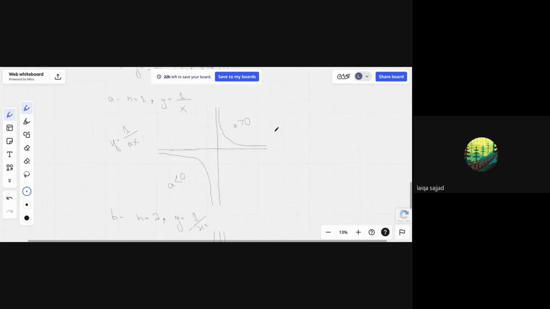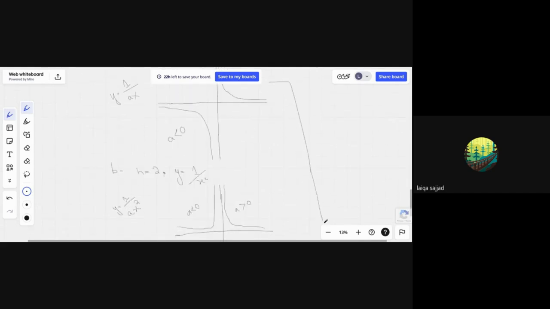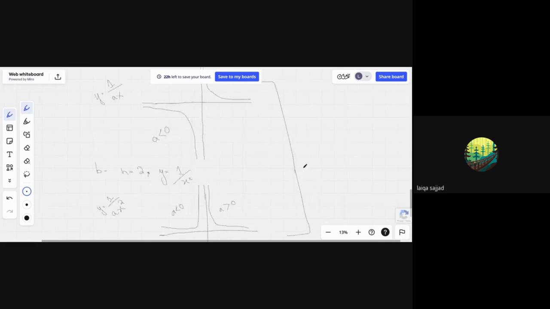So I can just write it down over here that both of these curves go closer and closer to the x and the y axis, but they never actually reach them. So they are also asymptotes. The coordinates are asymptotes to the curve.